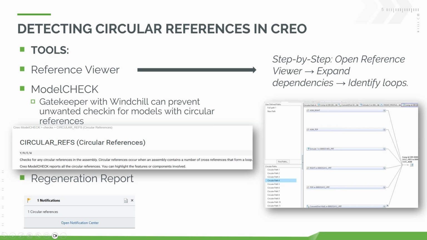So preventing that from getting into Windchill is great because if you're the person that's caused a circular reference, you're the best person to resolve it. You might have just done something and it's caused a circular reference, and maybe you haven't been trained, maybe you don't understand what it is, but then you try and check in the model and it's not letting you, and then you're forced to understand this now. So it's a really great tool.